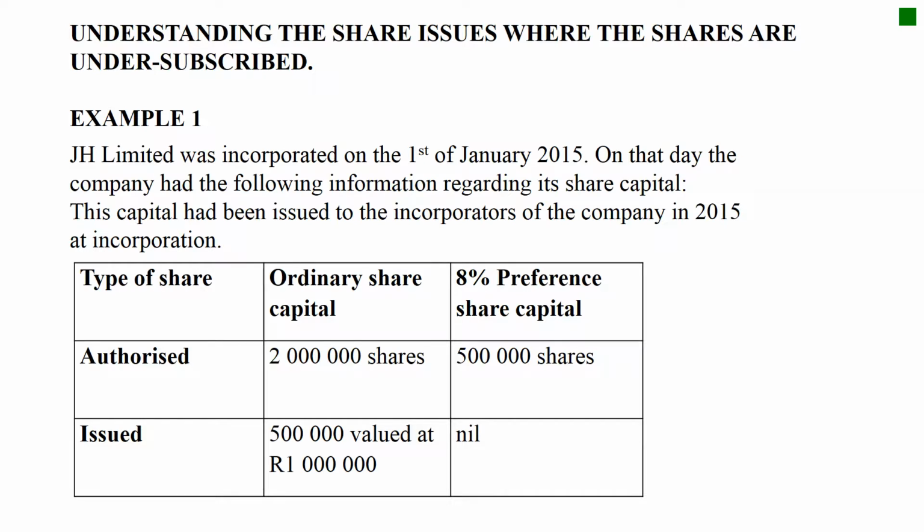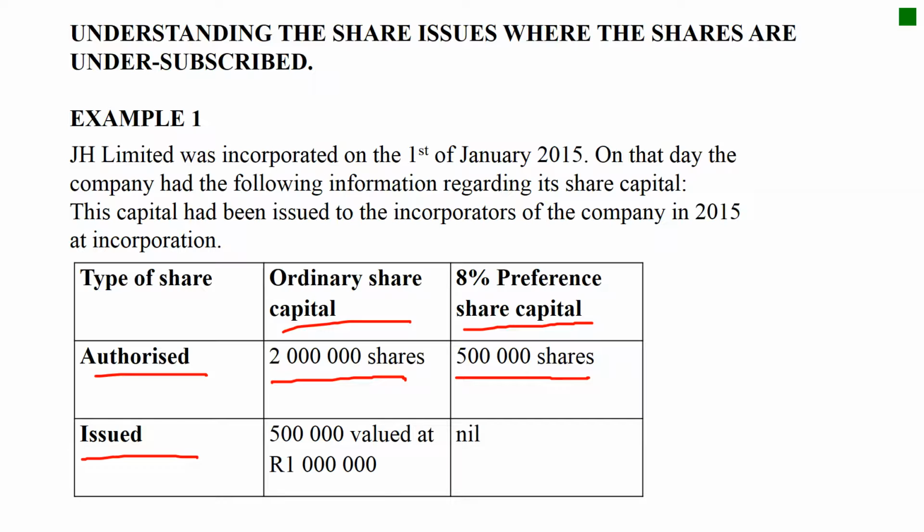The capital had been issued to the incorporators of the company in 2015 at incorporation. We have got two types of shares: the ordinary share capital as well as the preference share capital. Authorized, we have 2 million ordinary shares and 500,000 authorized for preference share capital.